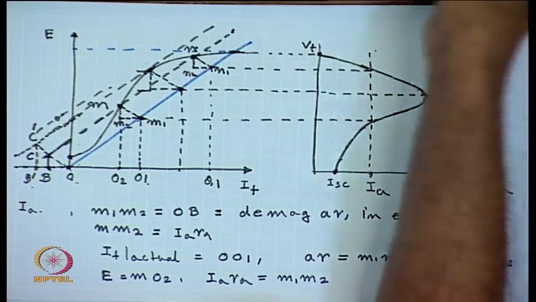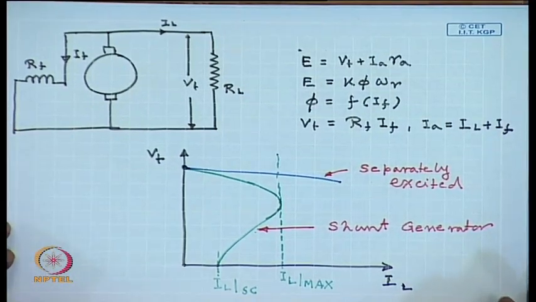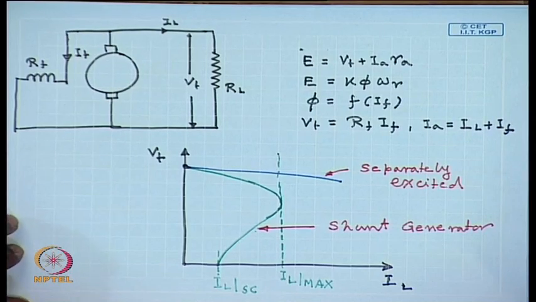The reason being, in a separately excited generator, the armature resistance drop causes reduction in terminal voltage, as well as armature reaction causes reduction in terminal voltage. However, the field current remains constant.